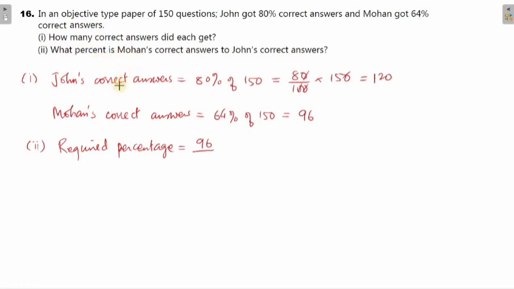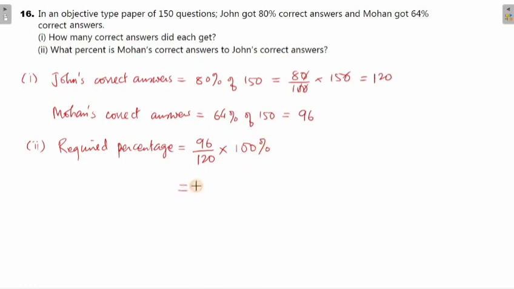Basically, how do we find percentage? We find the required number divided by the original number. Here you are comparing Mohan's correct answers to John's correct answers. So Mohan's correct answers come in the numerator and John's correct answers go to the denominator, which is 120, and you multiply by 100%.